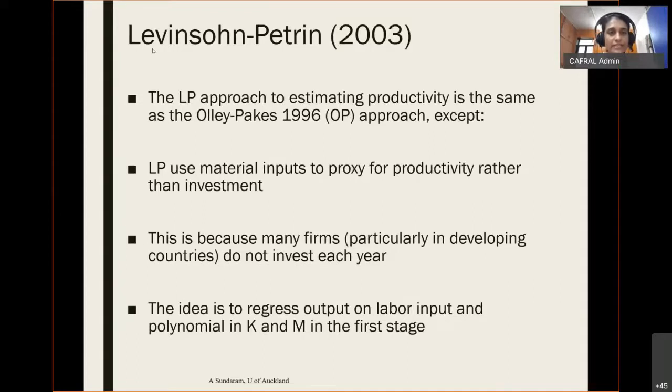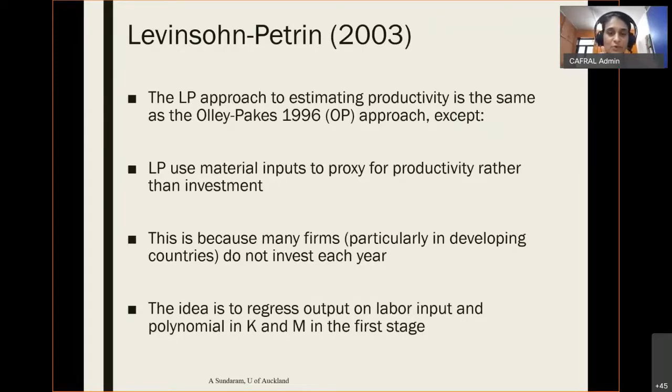Now, there is another procedure called Levinsohn and Petrin. The only thing you need to remember about Levinsohn and Petrin is that it is exactly like the Olley-Pakes method that I just told you about. But instead of using investments in physical capital to proxy for productivity, they use material expenditure, material inputs. The reason is that, particularly in developing countries, the problem you will run into is that you're not going to have investments in capital stock every year.